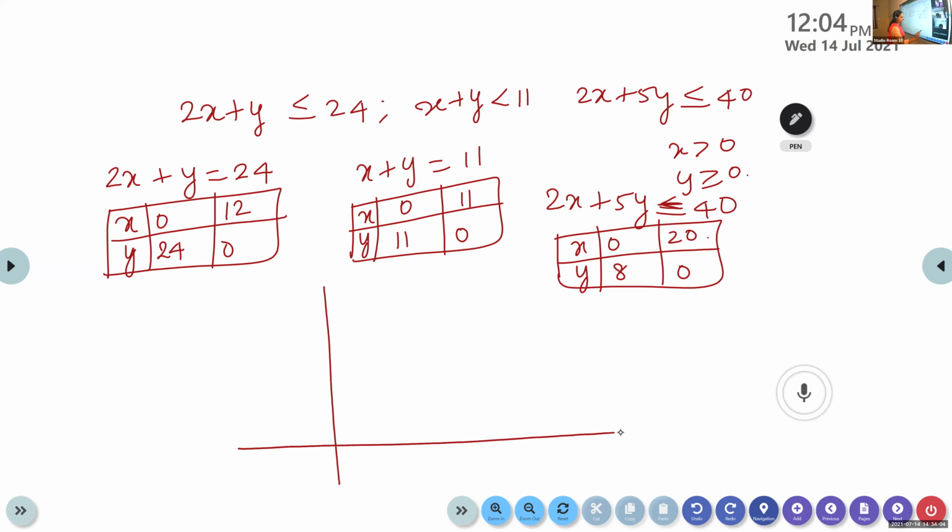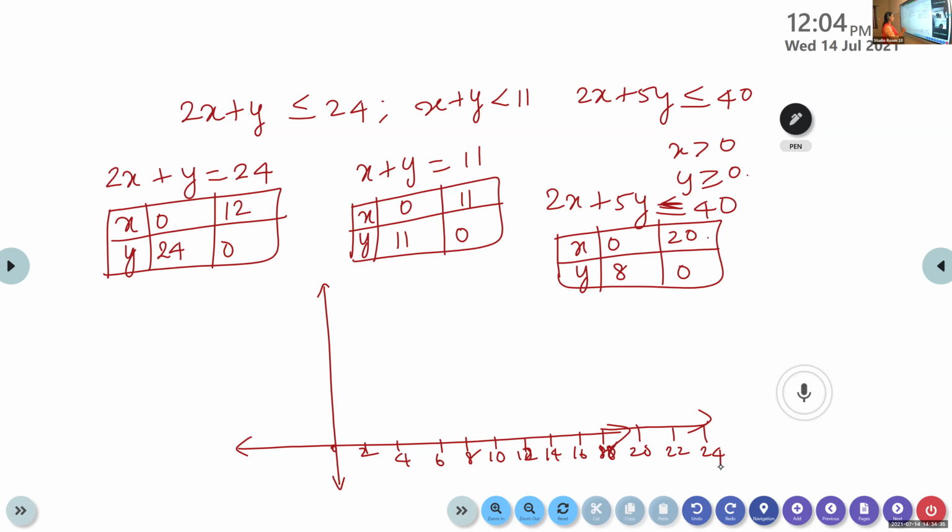I am just marking it approximately, children, because I'm not taking the graph. Look here, I mark the points. 0. Here the maximum we want is 24, so I'm marking it as 2 units: 2, 4, 6, 8, 10, 12, 14, 16, 18, 20, 22, 24.